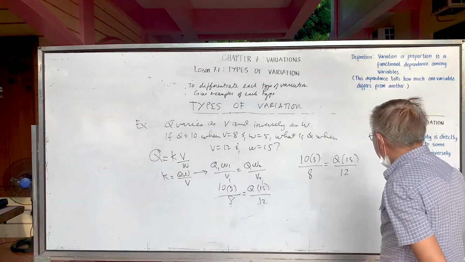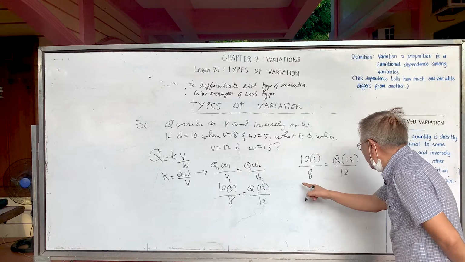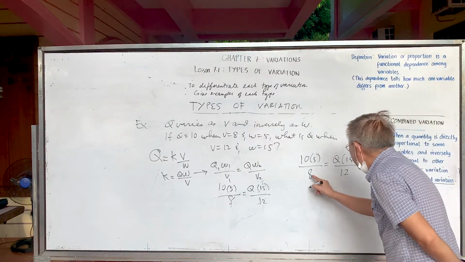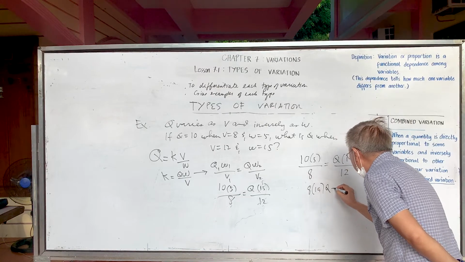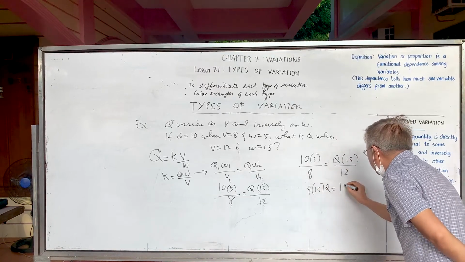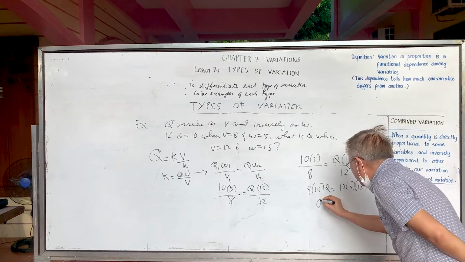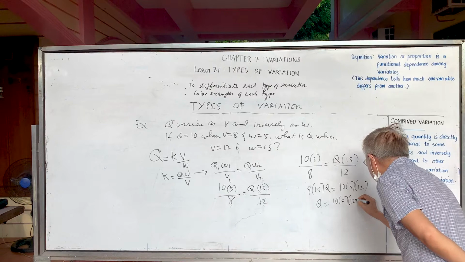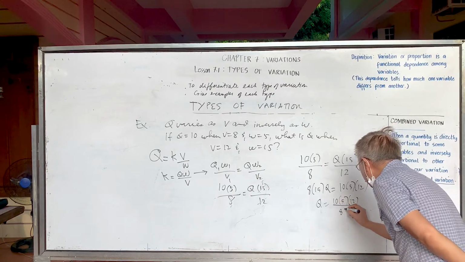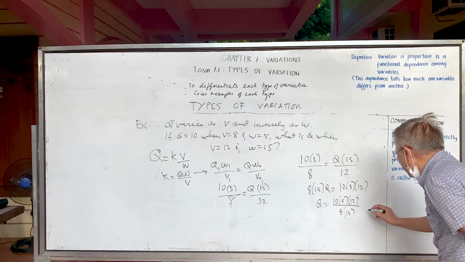Okay. Suppose I will not cancel. I can have here cross multiplication. I will get 8 times 15 times Q equals 10 times 5 times 12. Or Q will give me 10 times 5 times 12 over 8 times 15. Okay.